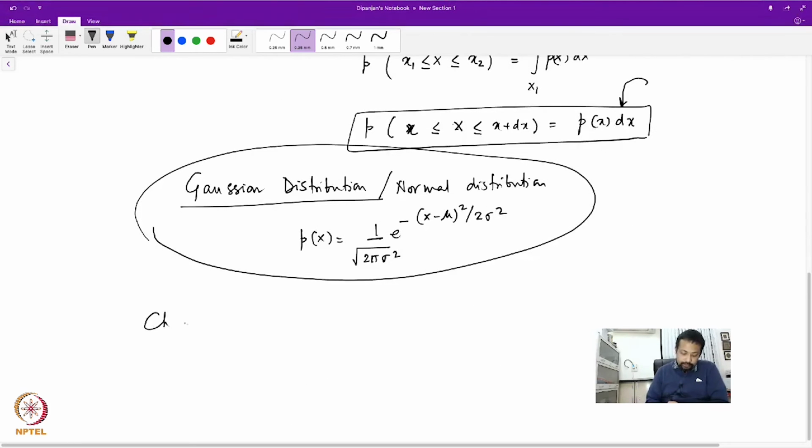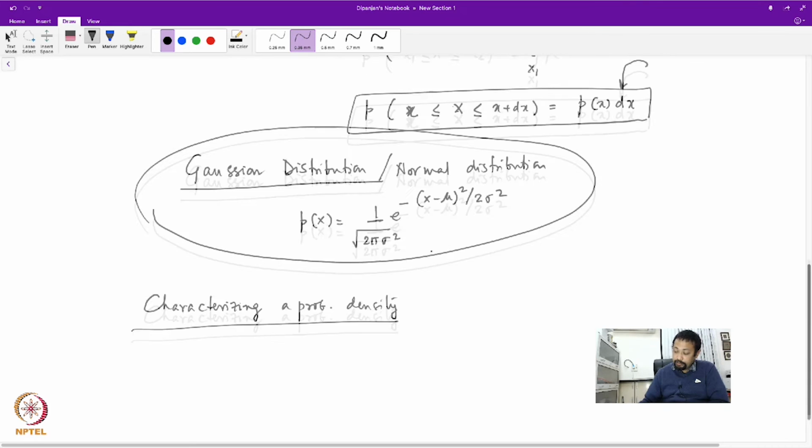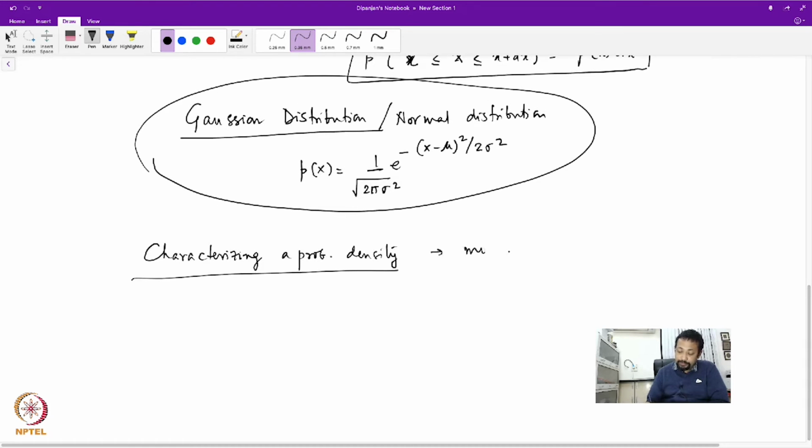So characterizing a probability density happens via the moments.